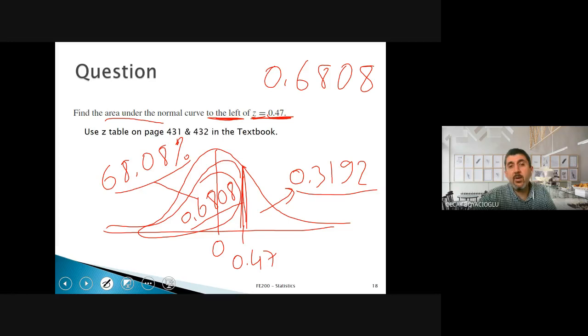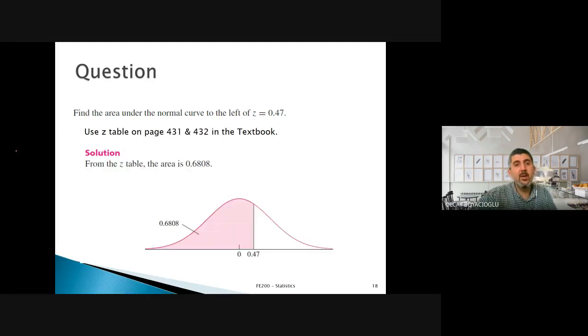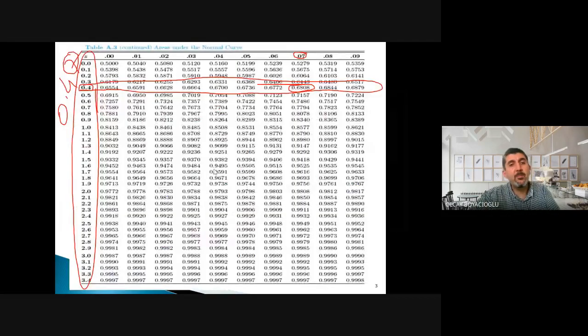Either one is correct. We are doing the question correctly. All right, let's do the calculation. From the z table, you just find out the value. And to find out that value also, you need to know how to use the z table. And I just showed you how to use the z table for 0.47.